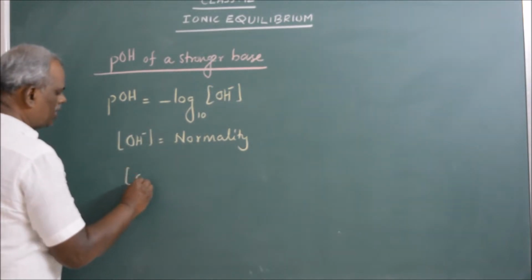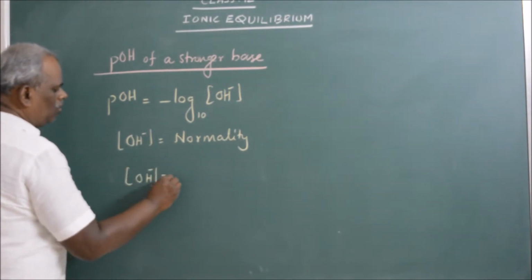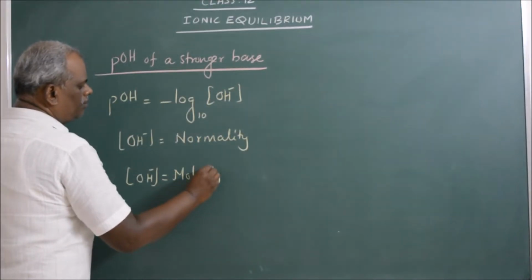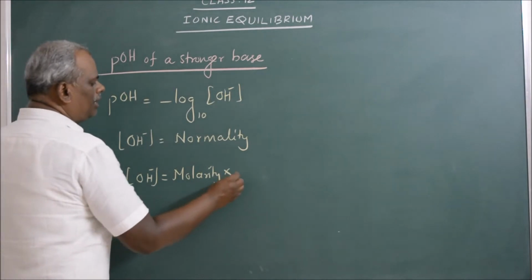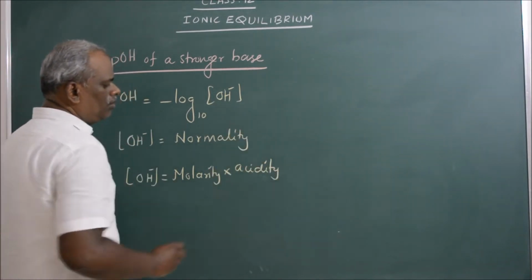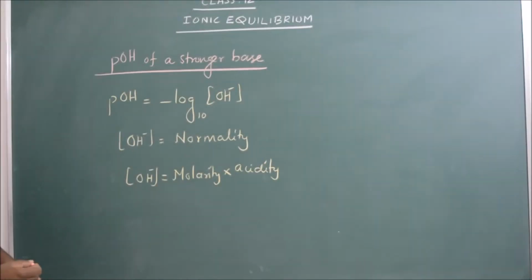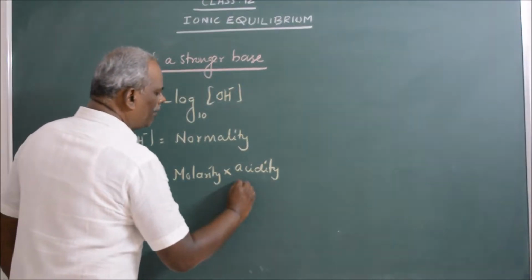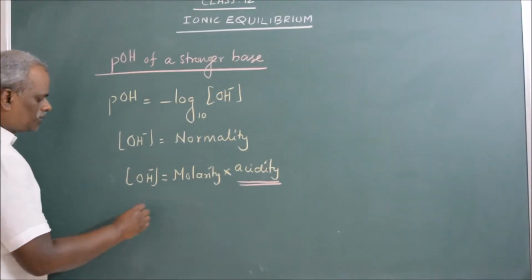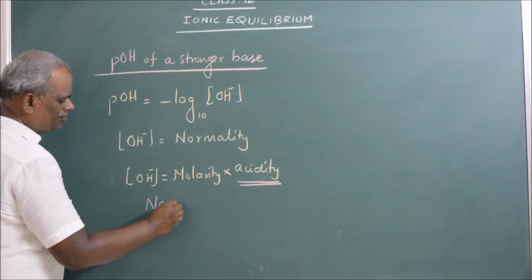Suppose instead of that, for your calculations, you are given the molarity, then multiply that by the acidity of the given base. What do you mean by acidity? It is nothing but the number of replaceable hydroxyl groups. Consider the base NaOH.